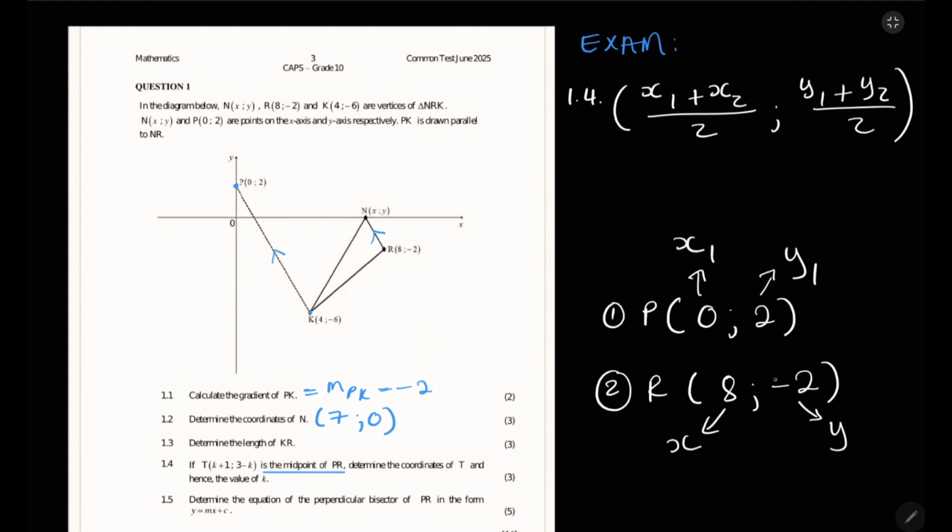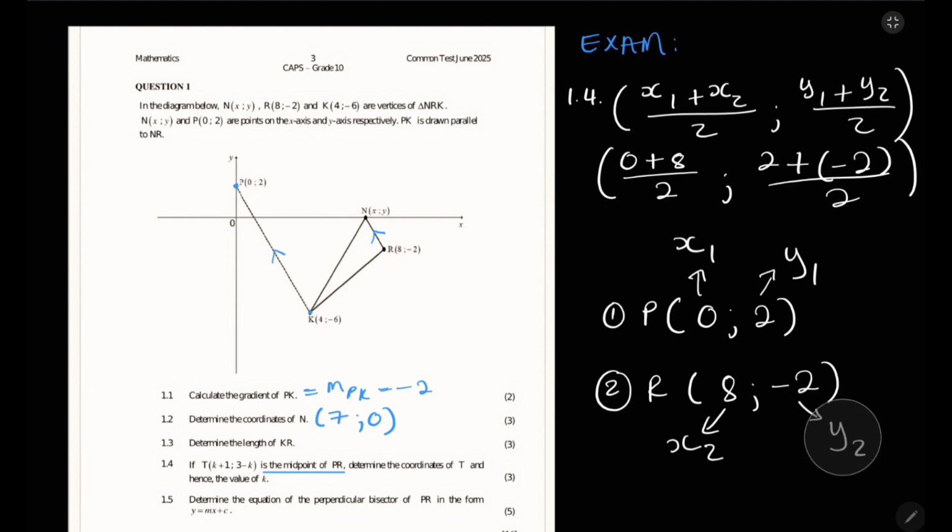That will be x1, y1, x2, y2. Now let's substitute. We have x1, which is 0, plus x2, which is 8, over 2. We have y1, which is 2, plus y2, which is negative 2, all over 2.